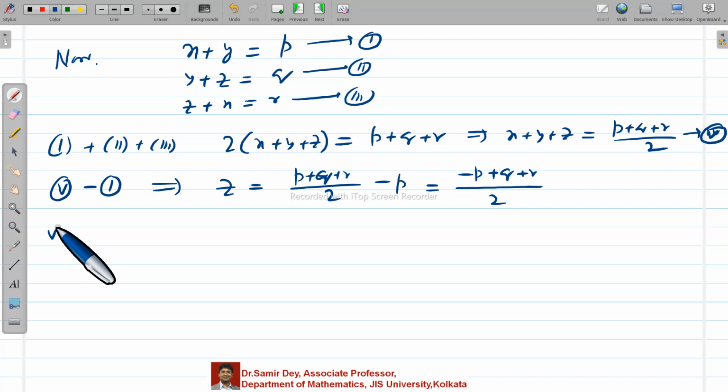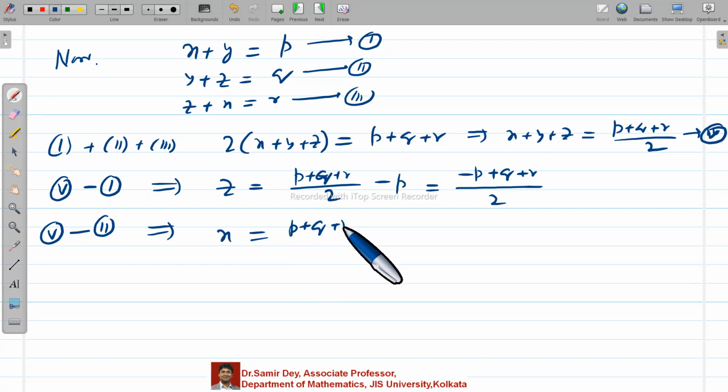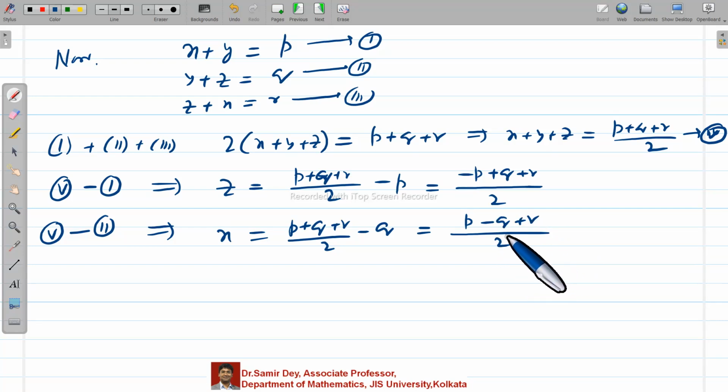Now in the same way, 5 minus 2: (x plus y plus z) minus (y plus z) is x. So you may write (p plus q plus r) by 2 minus q, ultimately it is coming (p minus q plus r) by 2.